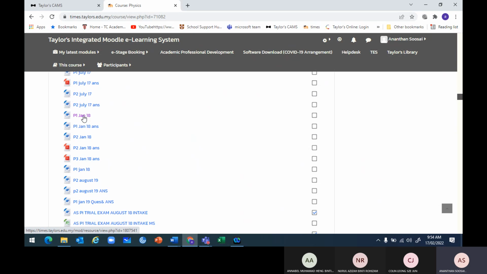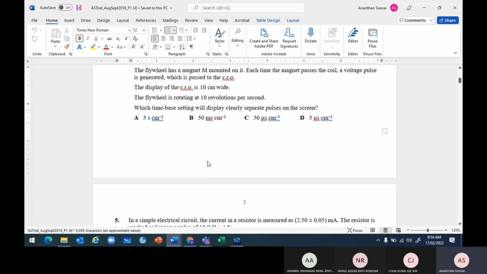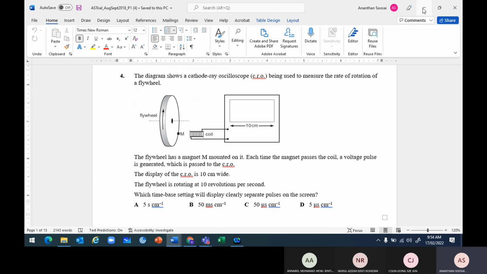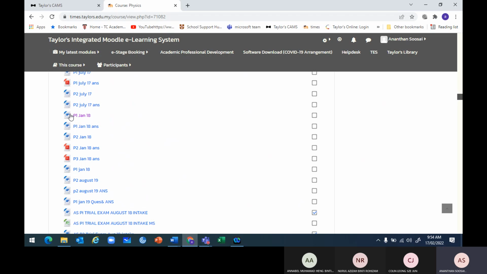Paper 1, Jan 18, we did this and discussed it halfway. So we go to paper 1, July 17. Please take down paper 1, July 17 for discussion tomorrow, Friday. Try to do it, and any problem we discuss. In the meantime, do paper 2, July 17 also. Paper 2 carries more marks.